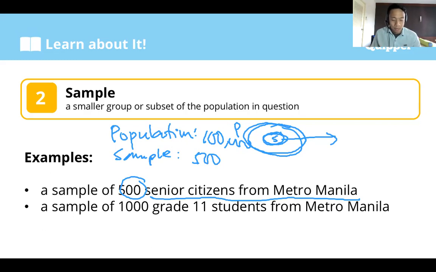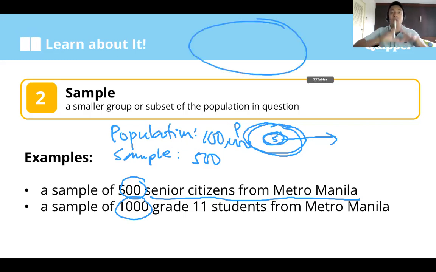Another example we have here, a sample of 1,000 grade 11 students from Metro Manila. So, meron tayong exact number na kinukuha sa isang population. Okay? Got it? Again, population, the whole number. Whole number na needed mo sa inyong research.